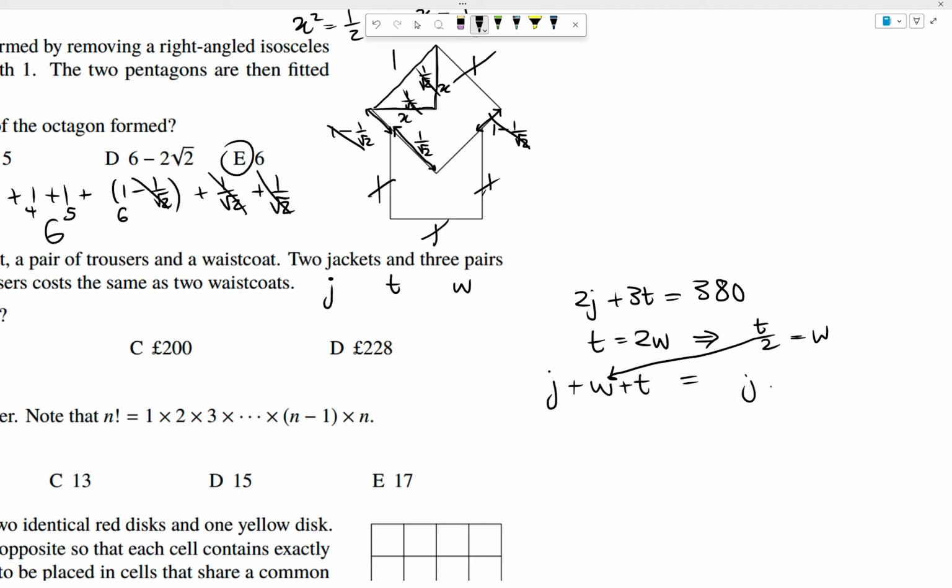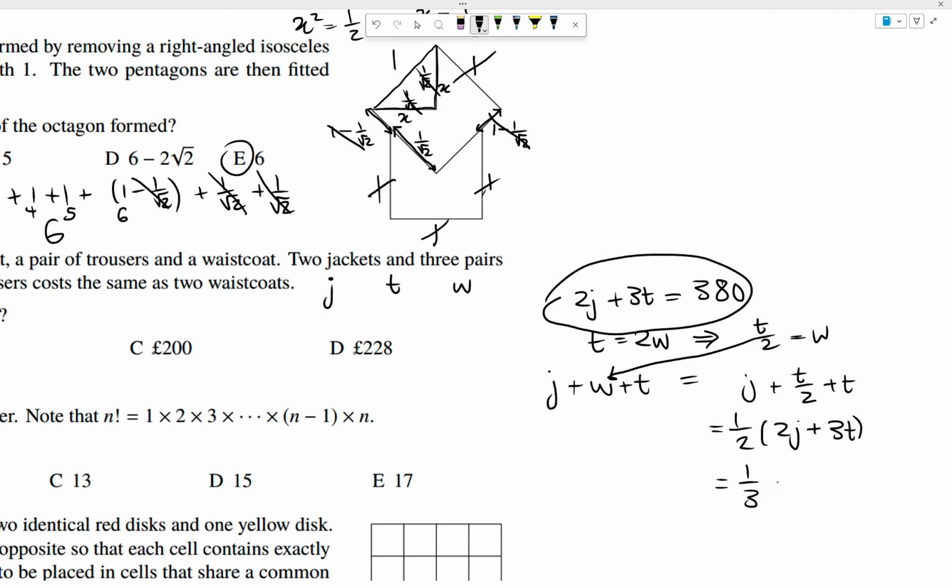So J plus T over 2 plus T, and that is equal to a half of 2J plus 3T, and we know the value of that, which is given here. So that is equal to a half of 380, which is 190.